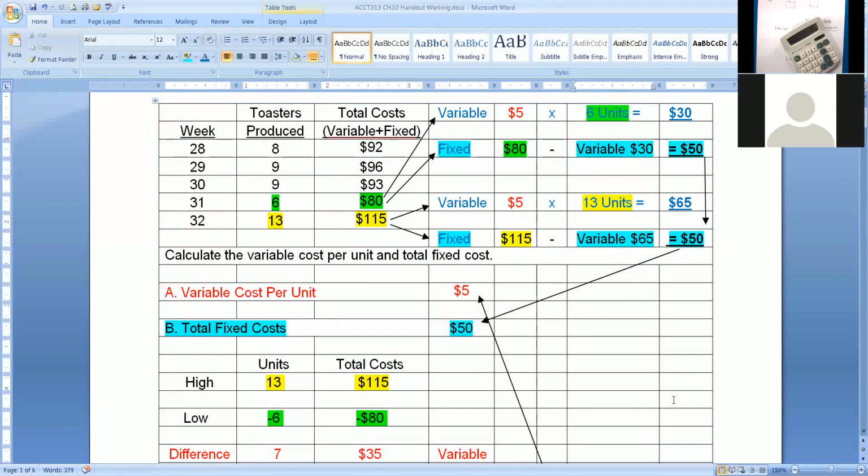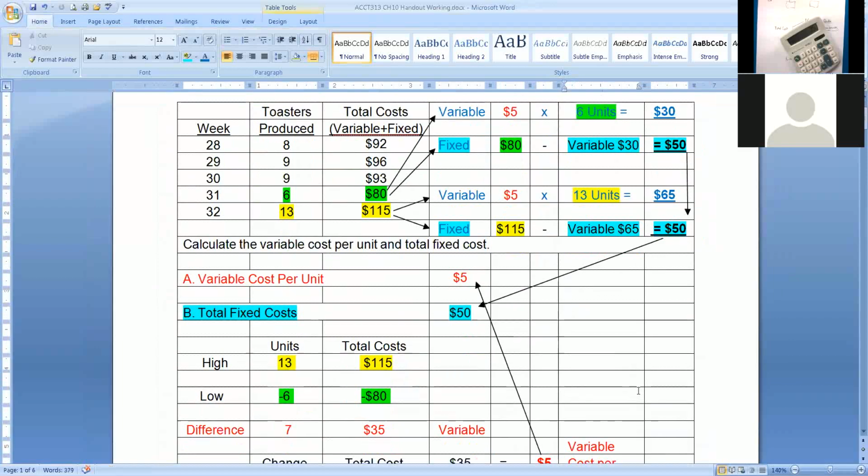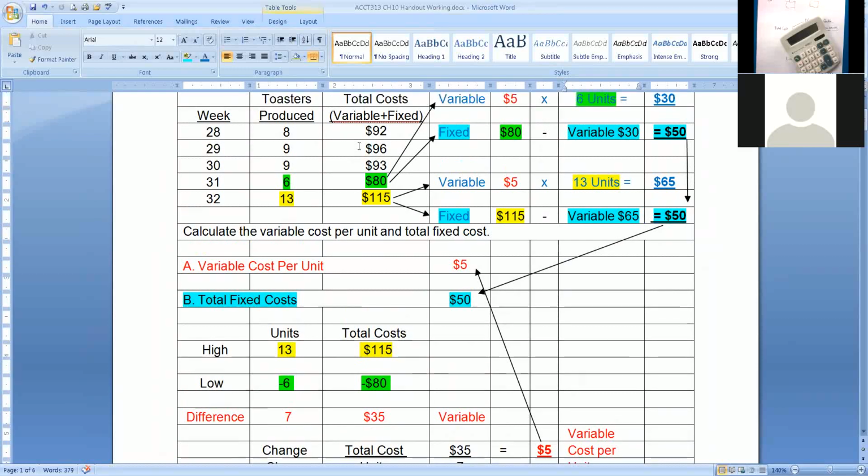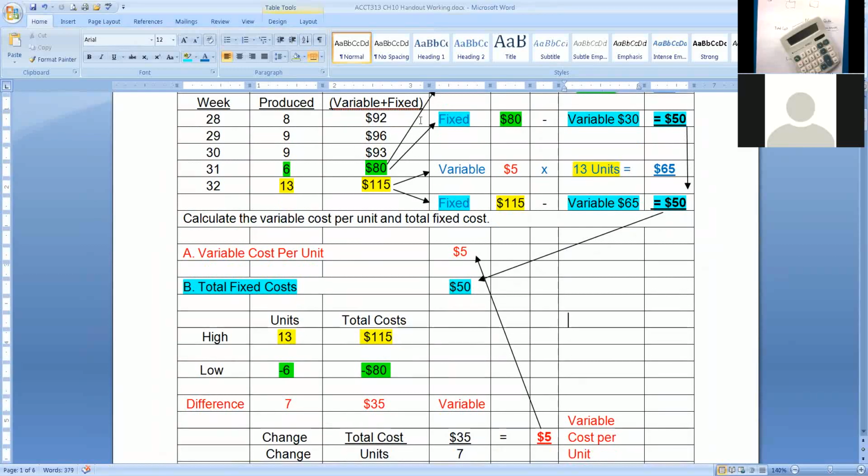Let me zoom out a little bit. So notice what we did. We didn't go through each item and see what are they making? Toasters, how much of the steel, how much was the labor, how much was the rent, how much was all that? We didn't do any of that. We simply took the high and the low. This is the high.